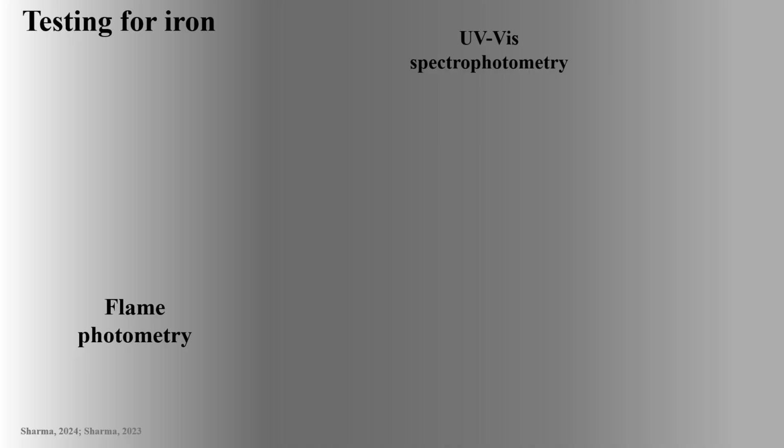Now, this slide, I'm only going to show two ways for testing iron. There are several ways of doing this in many capabilities, such as HPLC, MSGC, GCGCMS, etc. But these two are particular because they have something in common.